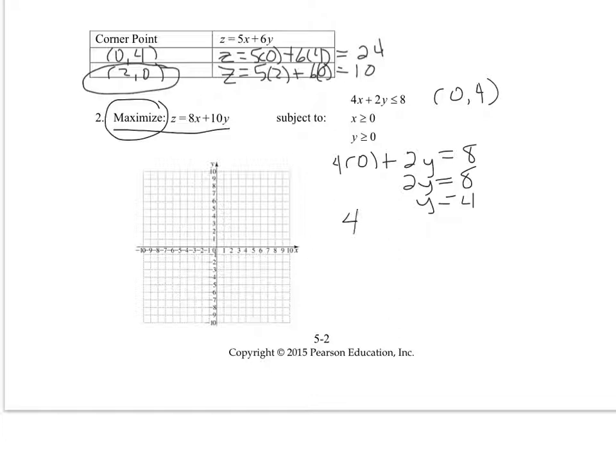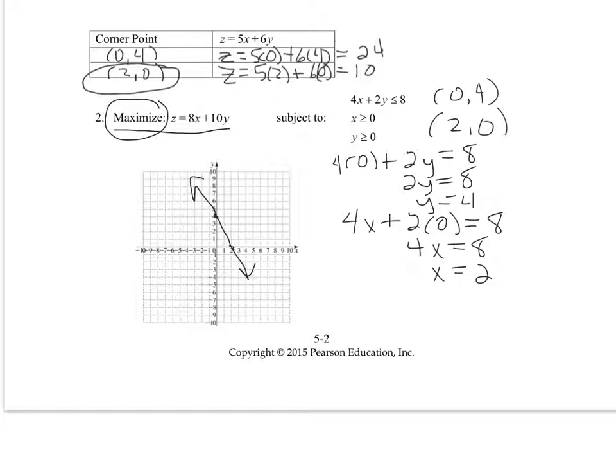Now, if I plug in 0 for y, I have 4x equals 8, so x would equal 2. So I'm going to have the ordered pair 2, 0. So 0, 4 is right here. 2, 0 is right here. That's enough for me to sketch my line.